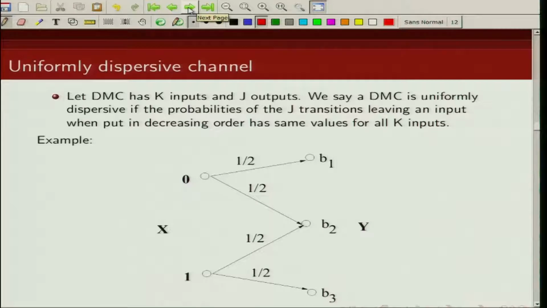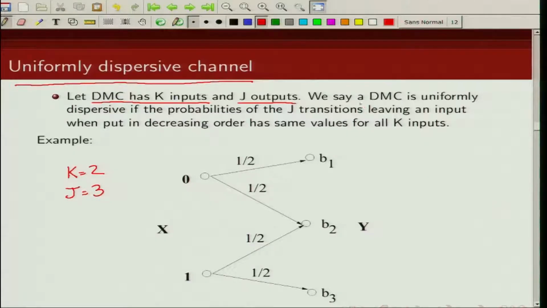Now let us consider some very simple channels. The first channel that we will consider is what is known as the uniformly dispersive channel. So we are considering a discrete memoryless channel which has k inputs and j outputs. For example, in this particular case, k is equal to 2 and j is equal to 3.